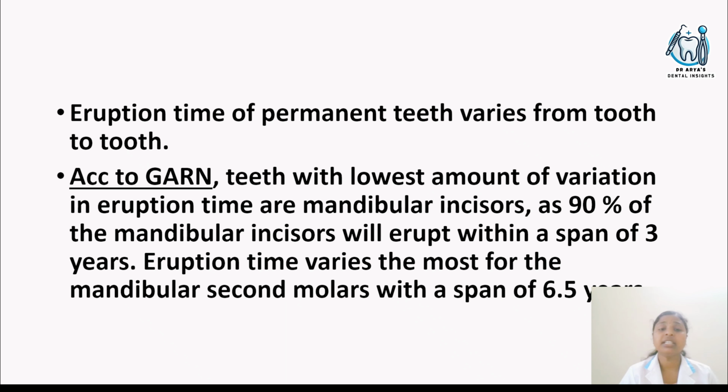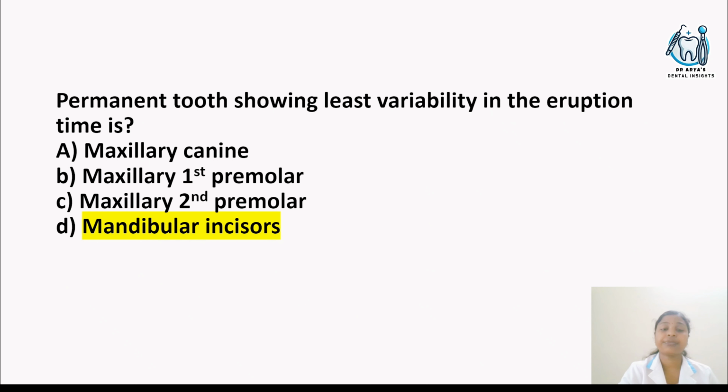According to Gahn, teeth with the lowest amount of variation in eruption time are mandibular incisors, as 90% of mandibular incisors will erupt within a span of 3 years. And eruption time varies most for mandibular second molars, with a span of 6.5 years. So the answer for the question is mandibular incisors showing least variability in the eruption time.